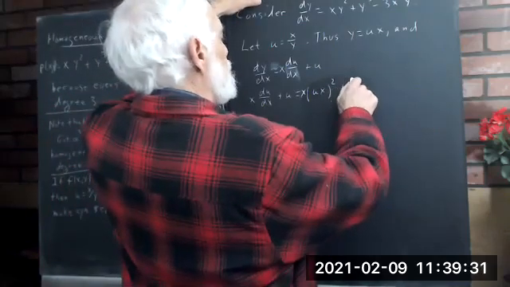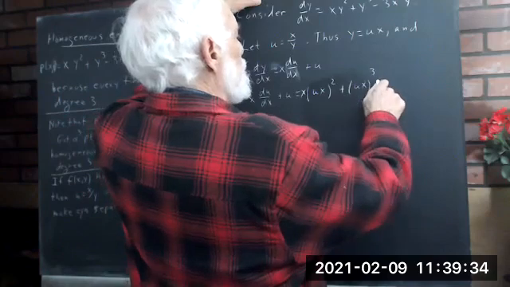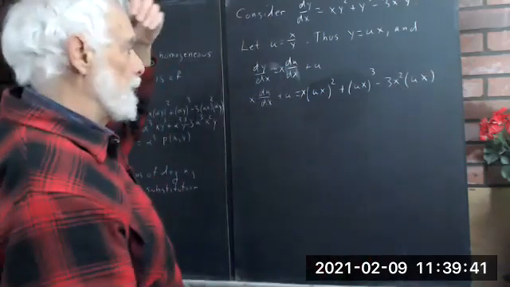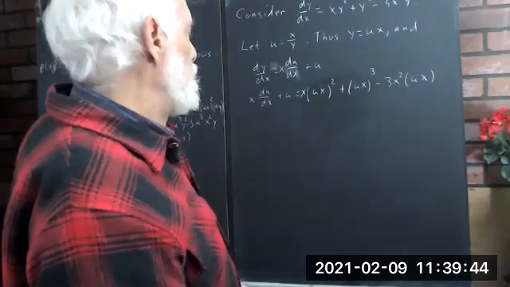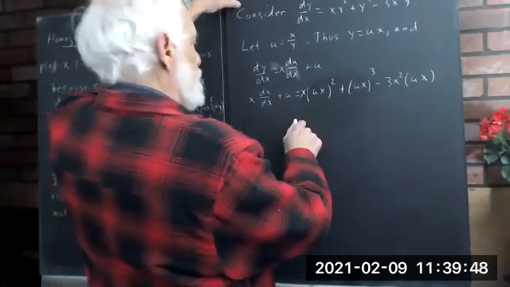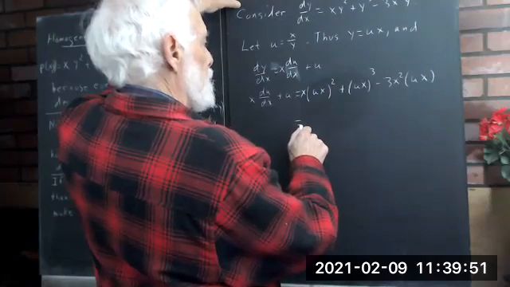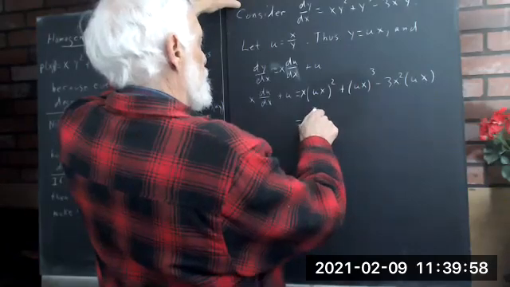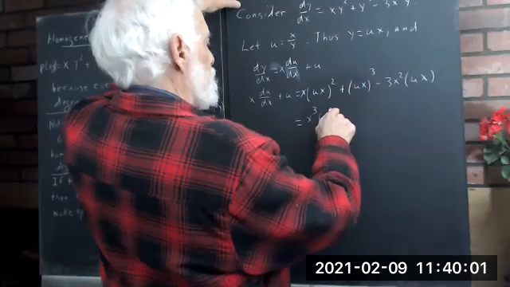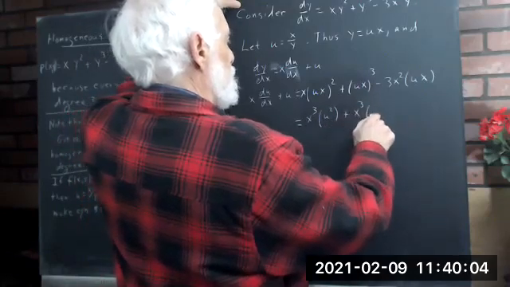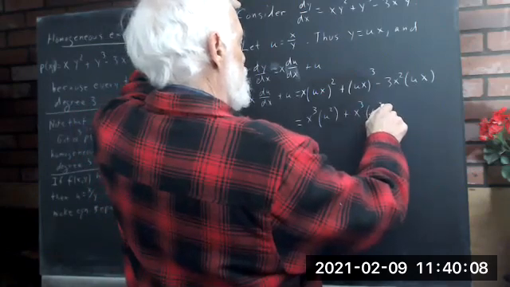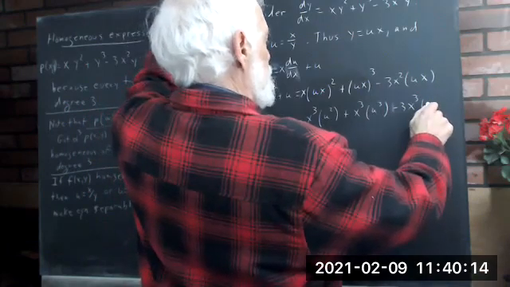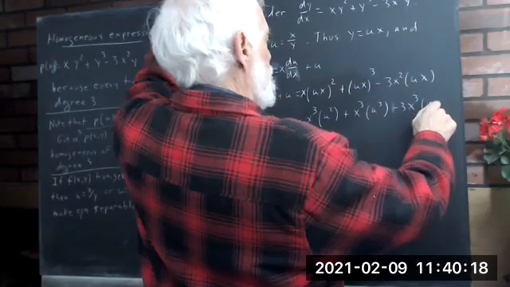And then y cubed is ux cubed, and then minus 3x squared times ux. So this is then x cubed times u squared, and this is x cubed times u cubed, and this is minus 3x cubed times u.